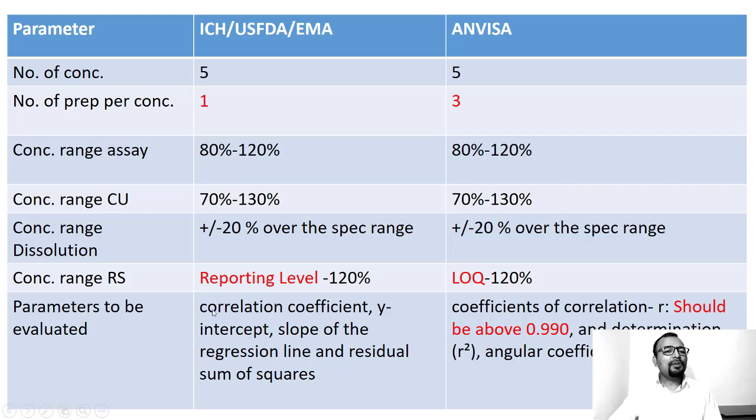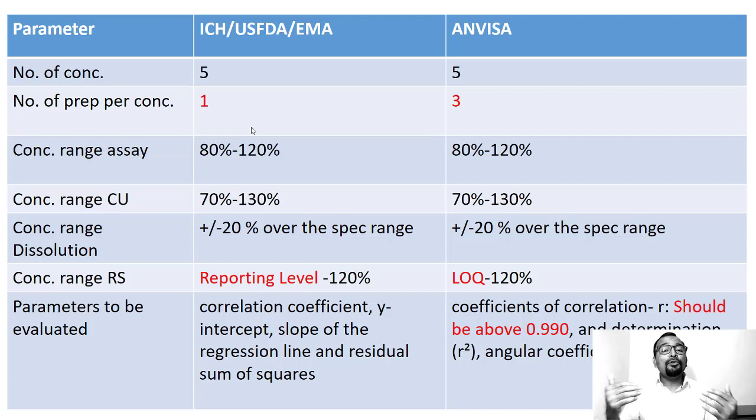When it comes to number of concentrations, how many concentrations should be prepared? The number of levels for linearity is five across ICH, USFDA, EMA, and also five as per ANVISA. When it comes to number of preparations per concentration, ICH, USFDA, and EMA talk about a single preparation, but ANVISA Brazil talks about three different preparations.